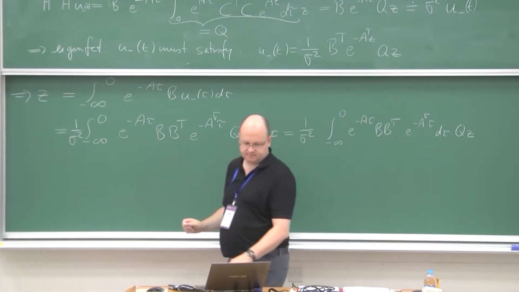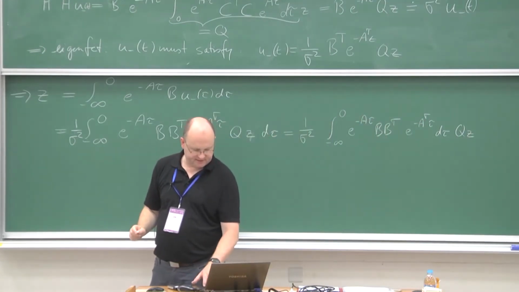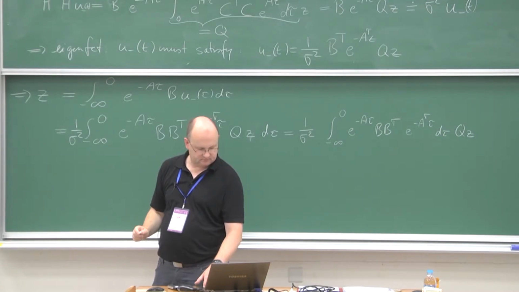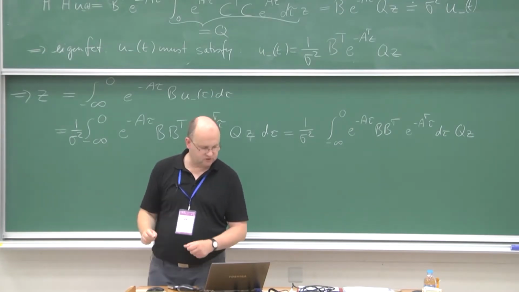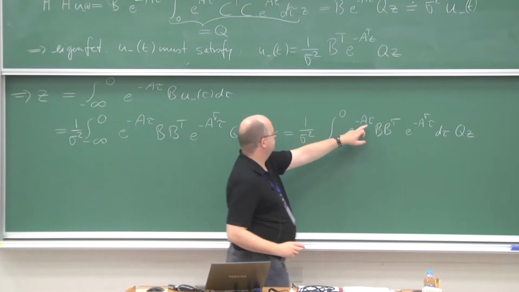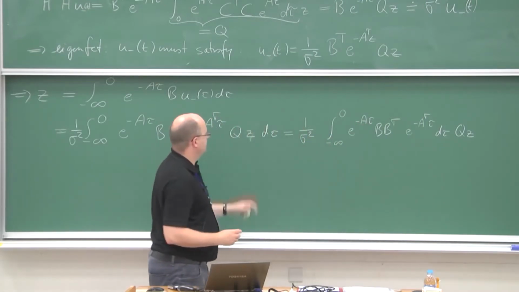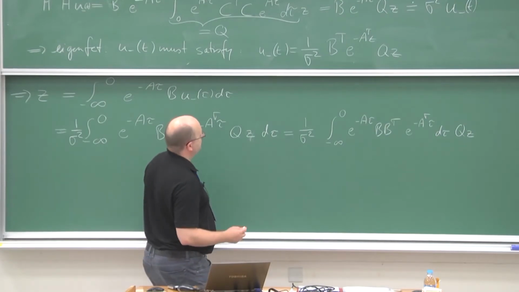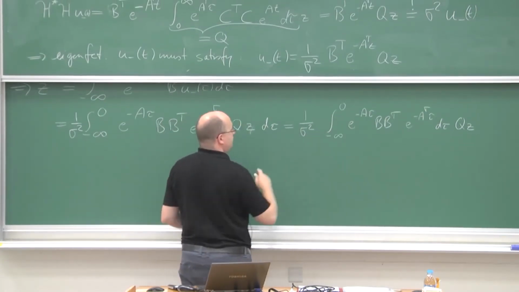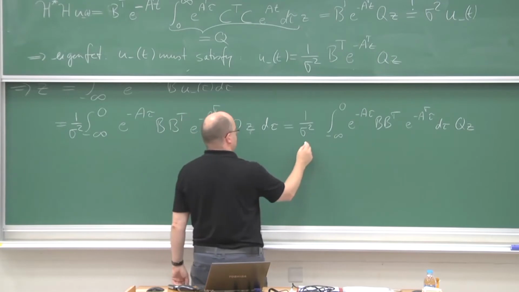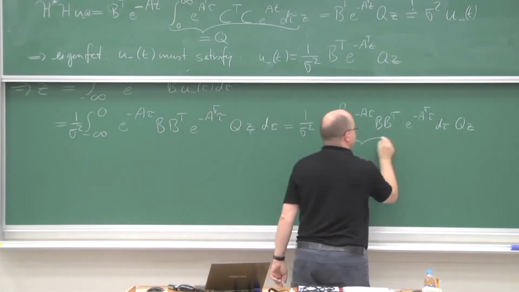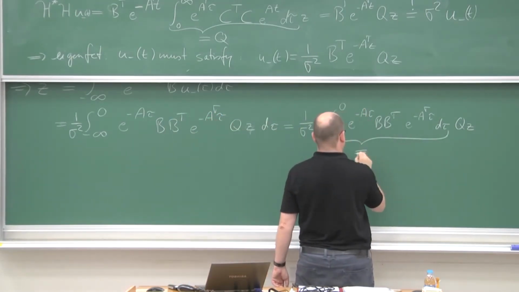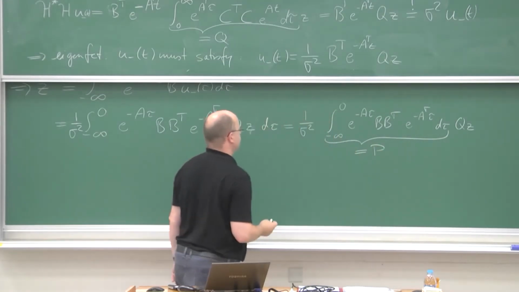And with this little trick that I showed you, with substitution of minus tau by s, the integral signs flip, and you get exactly that this is P. This is the reachability gradient.